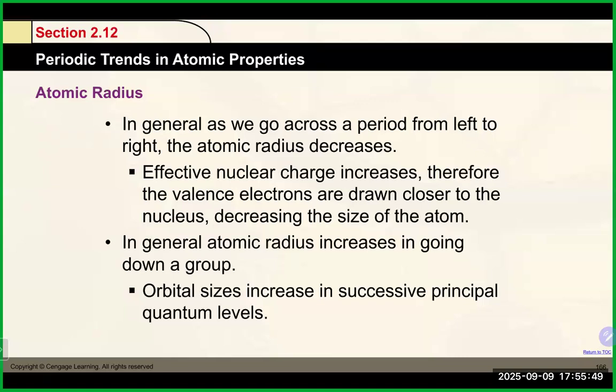I'm sorry, the size gets larger as you go left and down on the periodic table. Again, you have two things happening in that situation. You have a smaller effective nuclear charge, so things on the left, those outer electrons don't feel as much of a pull towards the nucleus, so they just kind of hang out a little further away. They're not attracted as close to the nucleus.